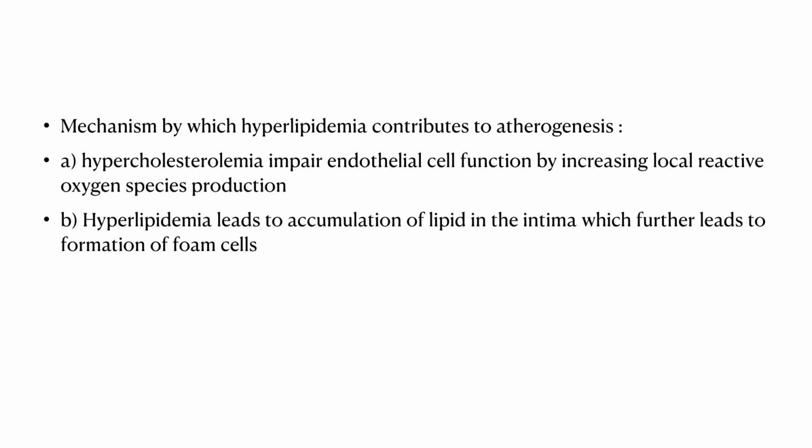This modified LDL is then taken up by macrophages and smooth muscle cells, which become laden with the modified lipid and are called foam cells. These accumulate in that area, leading to occlusion of the vessel and hence atherosclerosis.